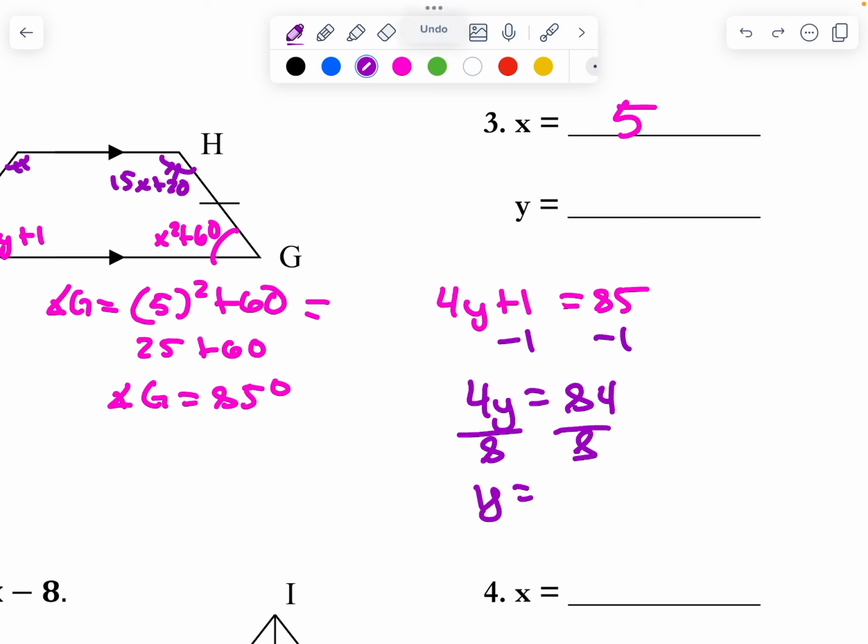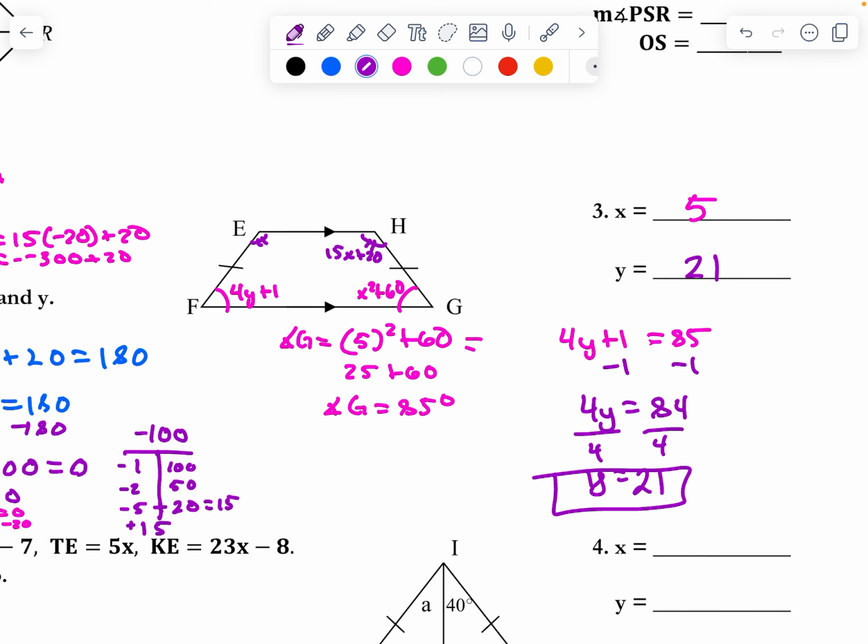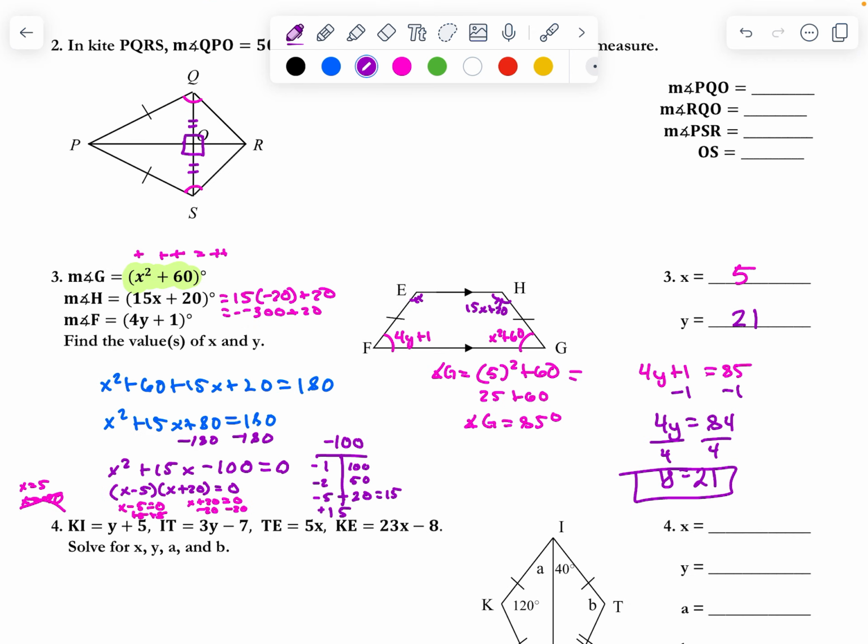Why did I write 8 for some reason? 21. Wonderful. Found my answer. y is 21. So we have to know a little bit about our trapezoids here just to be able to get some of these problems done.